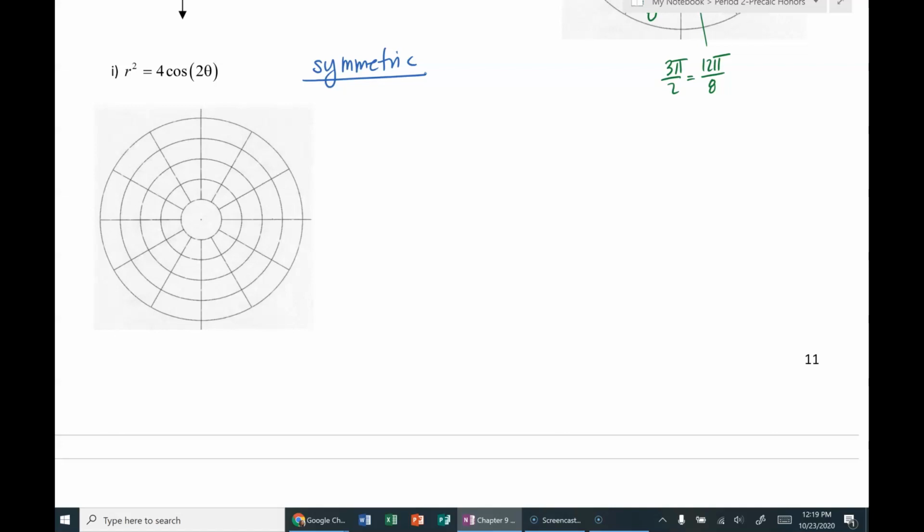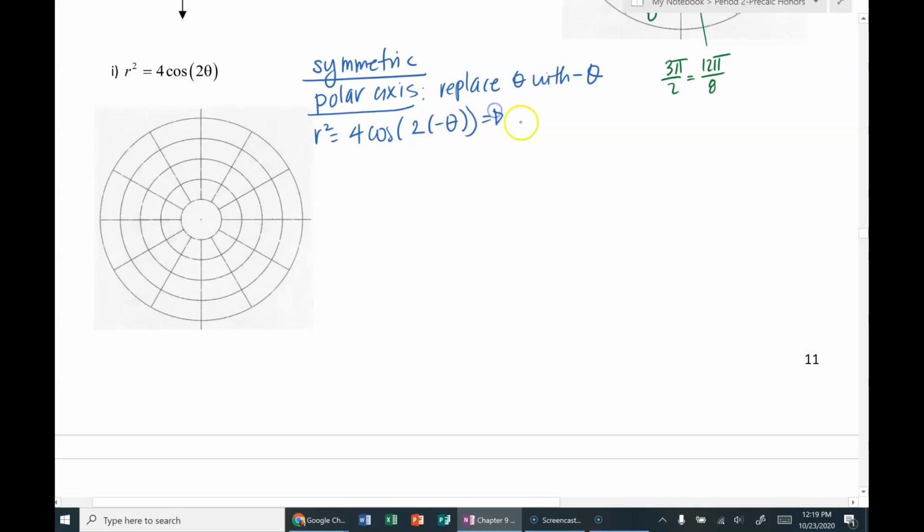Okay, so hopefully you started with the polar axis, or any of the ones. It doesn't have to be with the polar axis, okay? So if you started with the polar axis, you will replace theta with negative theta. So r squared equals 4 times cosine of 2 times the negative angle.